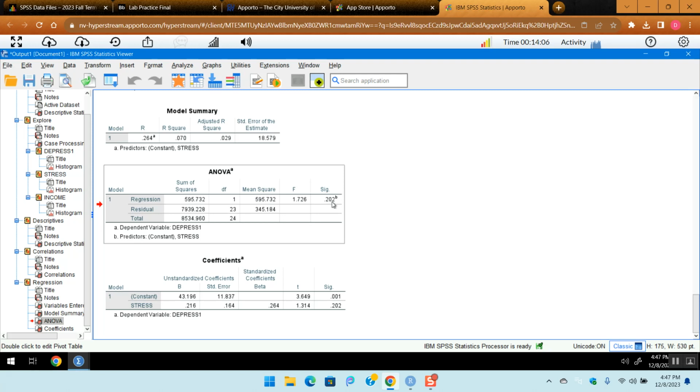And when you have a horizontal line as a regression line, you have no regression. Because basically what you're saying is the best predictor of depression here is going to be the mean of depression. So your regression line is not offering anything over what you get by using the mean, which means that there's no relationship. It doesn't work.